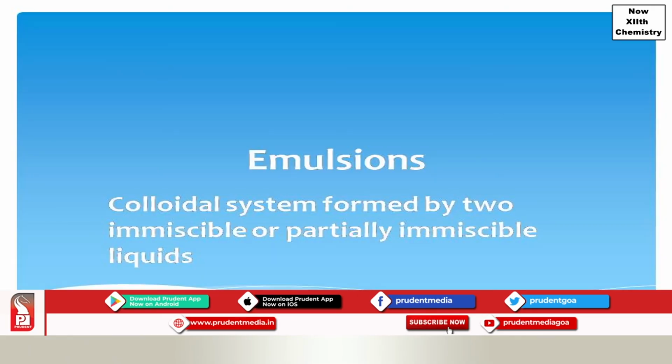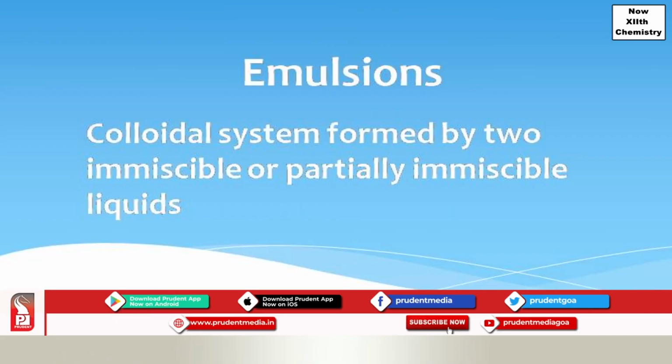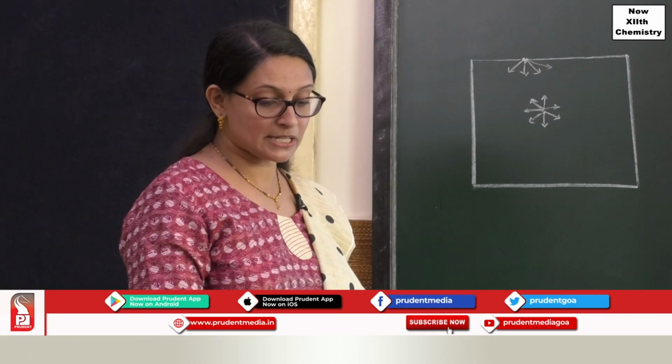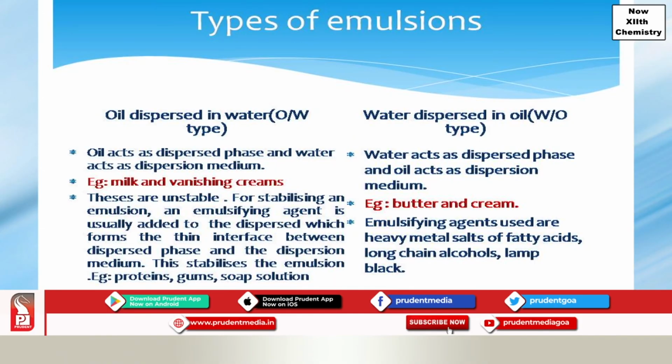Now, let us go ahead with the next colloidal system, that is emulsions. What are emulsions? Emulsions are liquid in liquid type of colloidal solutions, and usually emulsions are made by mixing two immiscible or two partially miscible liquids. These emulsions are classified into two types: oil dispersed in water or O/W type, wherein oil is the dispersed phase and water is the dispersion medium.